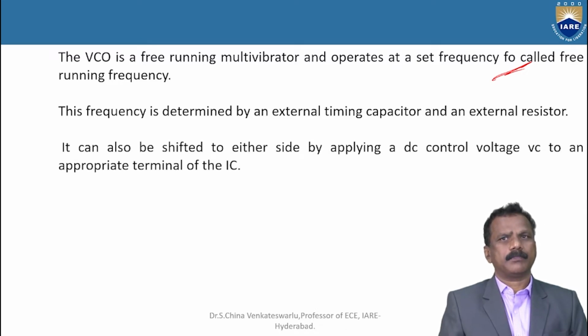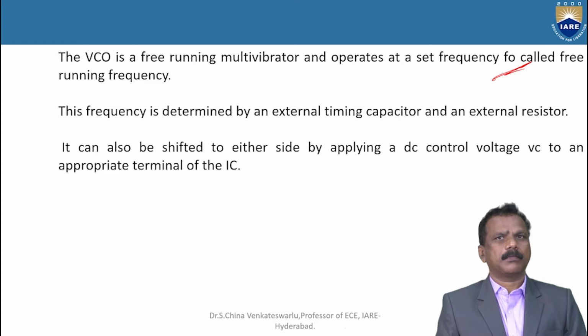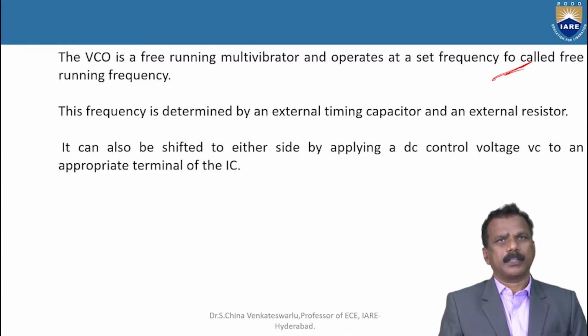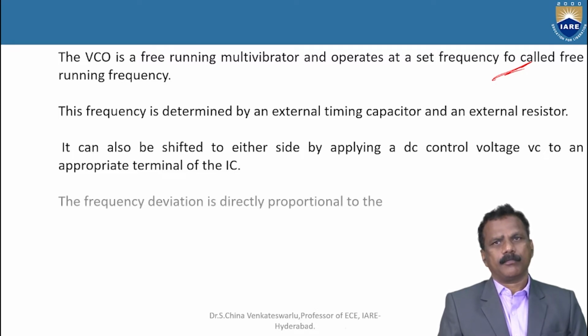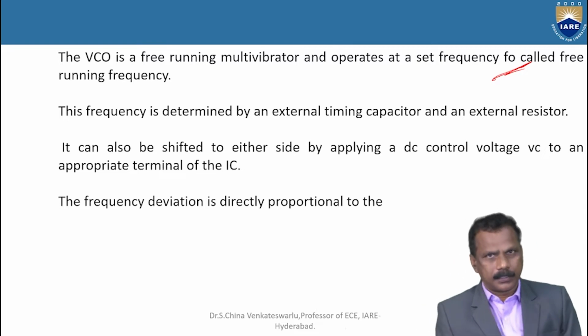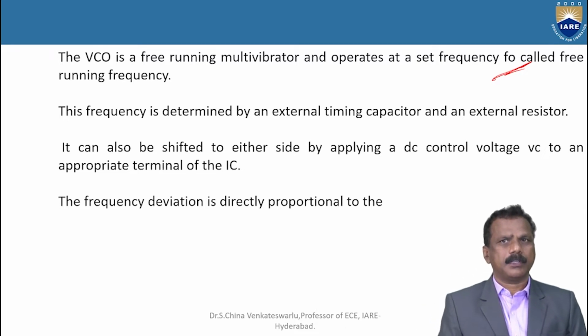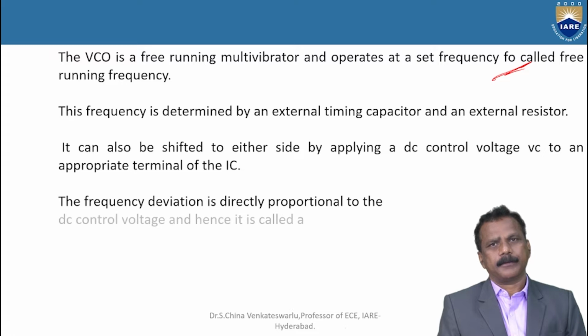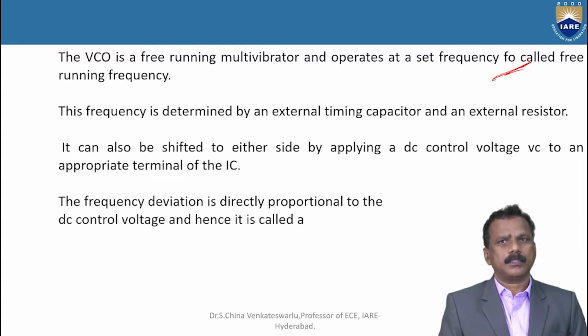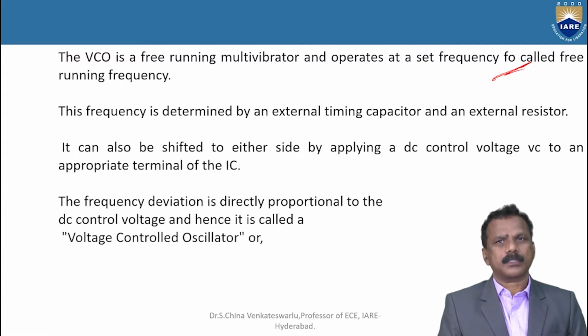It can also be shifted to either side by applying a DC control voltage to the appropriate terminal of the IC. The frequency deviation is directly proportional to the DC control voltage, and hence it is called a voltage control oscillator, VCO.